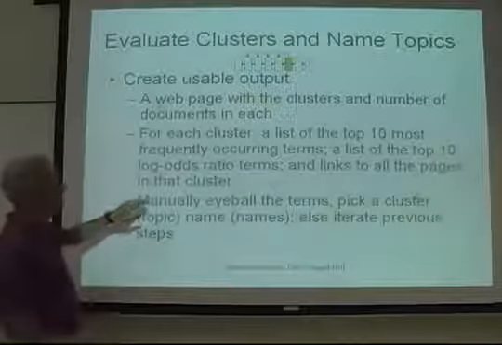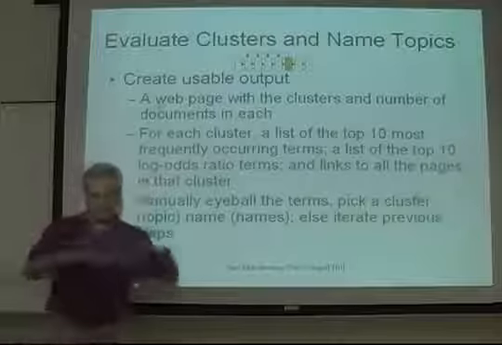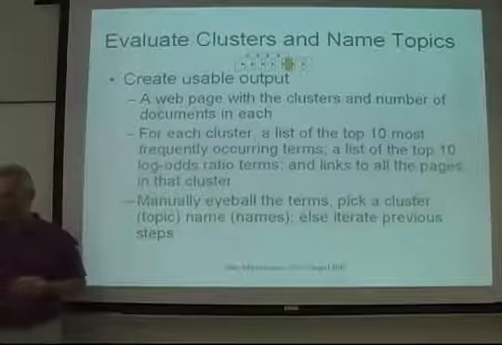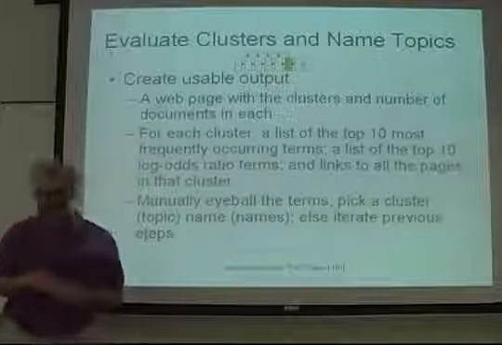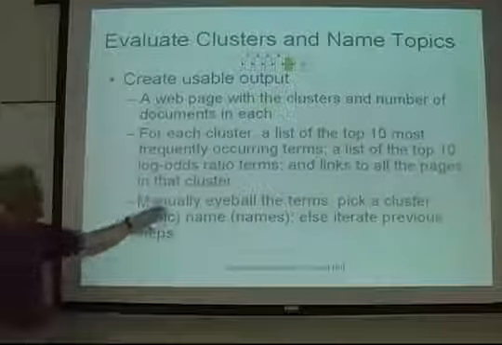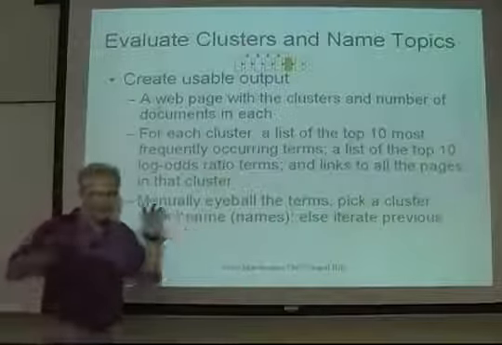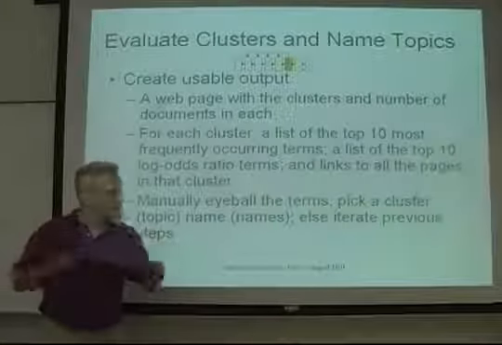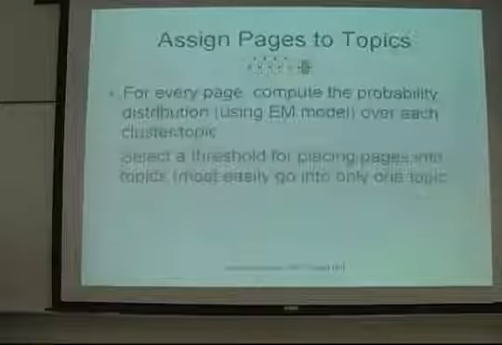And we then had humans, our research team, anywhere from 3 to 15 people, depending on which trials we were experimenting with, manually eyeball the terms, pick a cluster, and give a name based upon our human knowledge of what's at the Bureau of Labor Statistics. Okay, so that was the process in this step.